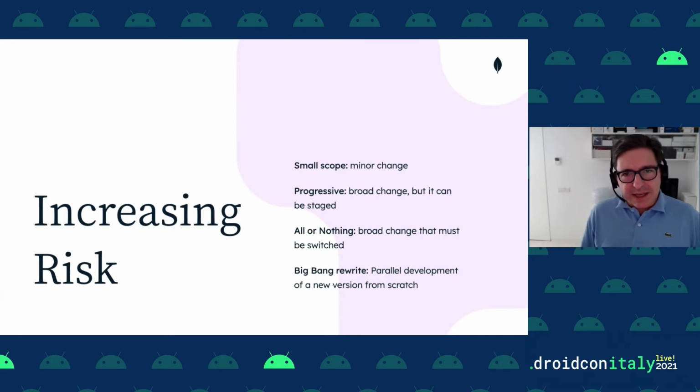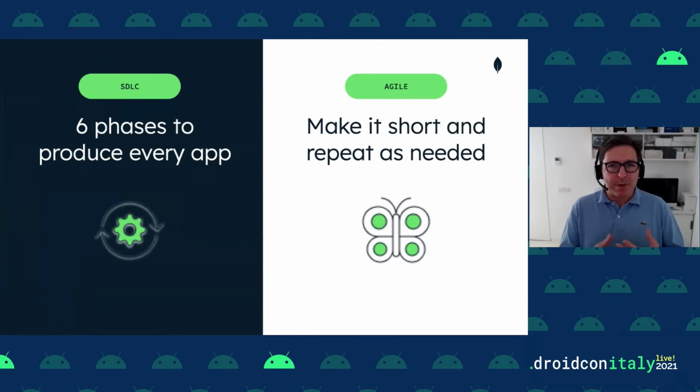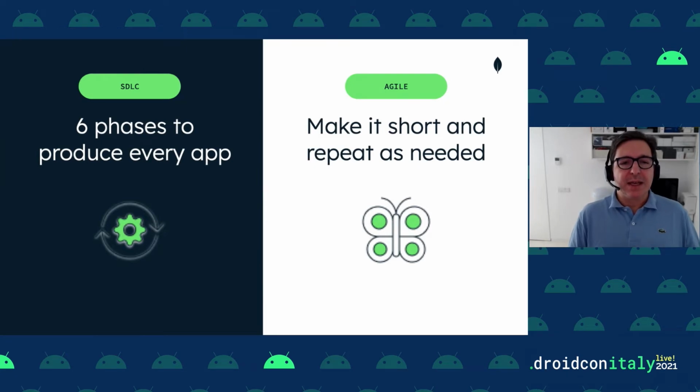But these things that we were mentioning, these progressive risks, have been a problem for years. So we have learned through the years that we could organize our processes in order to minimize the risk that we are accepting by developing software. So in the traditional software development lifecycle, there are 6 phases to produce an application.